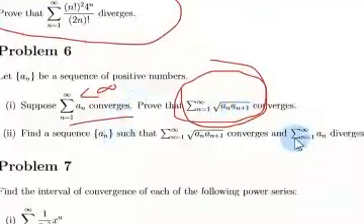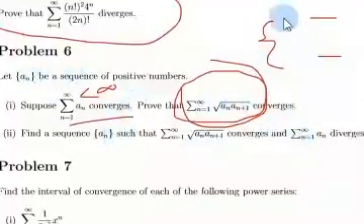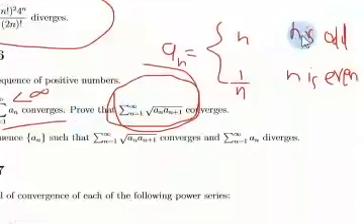If you consider odd terms and even terms of this sequence separately, when n is odd you define it as n, and for even terms 1 over n.